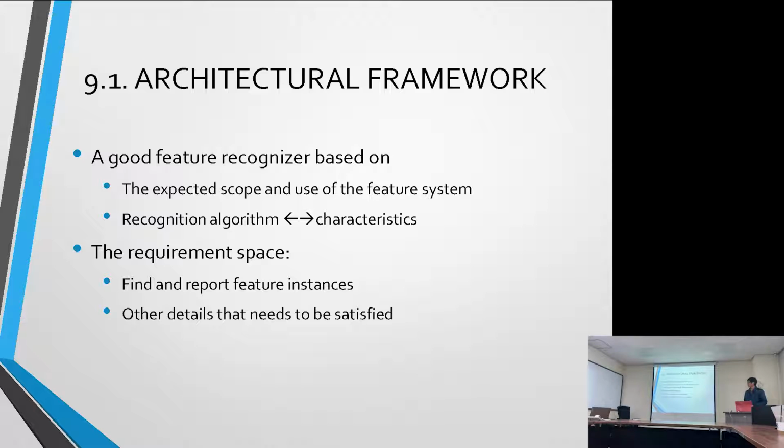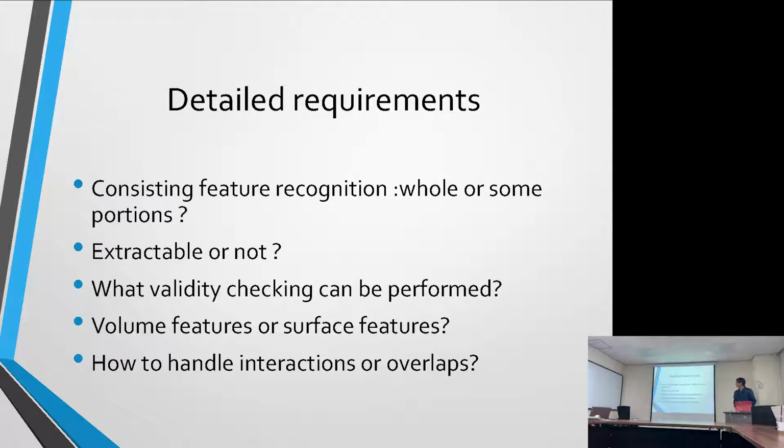Basically, you want to find and report the feature instances, but then there are other details that you need to take into account depending on your use. For example, whether it be for manufacturing or for design. So what are these detailed requirements? Firstly, it's whether you want the whole feature to be recognized or only some portions of the feature.